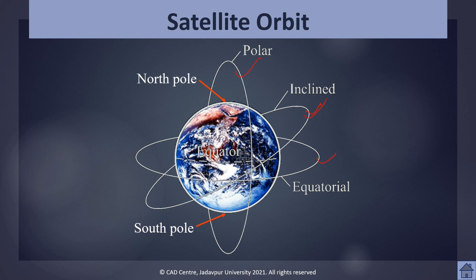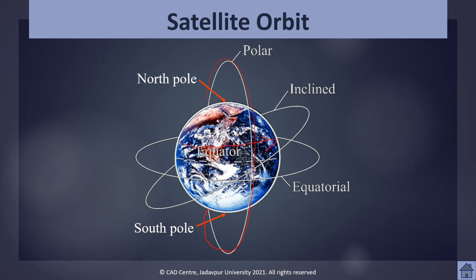Now in case of remote sensing, the satellite should move over the poles. I mean, if the satellite moves over the poles and the earth also rotates from west to east, these two perpendicular motions will ultimately enable the remote sensing satellite to capture images of the entire earth, and that is why remote sensing satellites need to be placed near the poles.